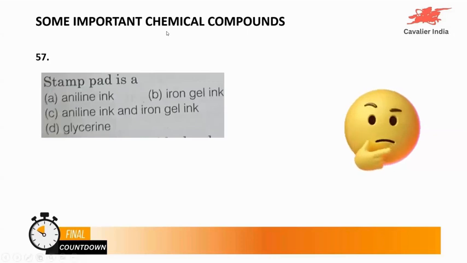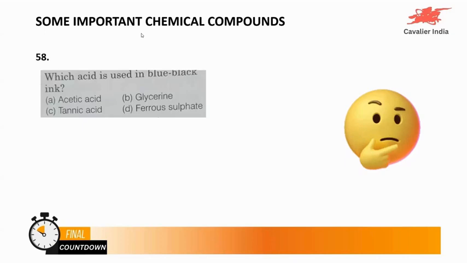Stamp pad is which type of ink? Option A is aniline ink. Option B is iron gall ink. Option C is aniline ink and iron gall. Option D is glycerin. Which is the right answer? Aniline ink. Okay. Which acid is used in blue black ink?